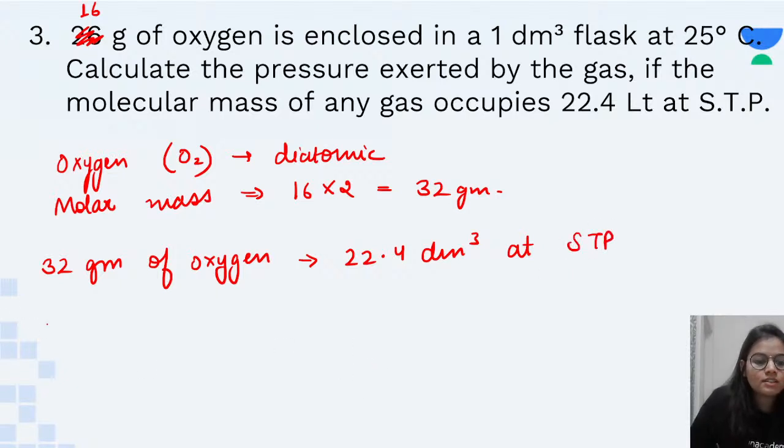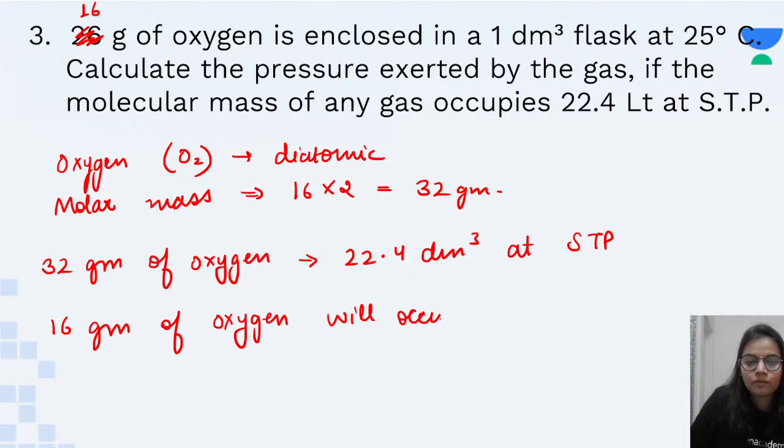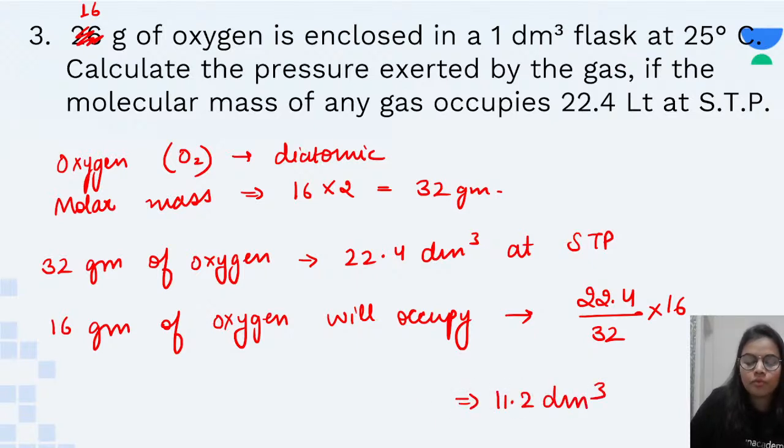So what will 16 gram of oxygen occupy? It will occupy 22.4 upon 32 into 16, which will be equal to 11.2 dm cube.